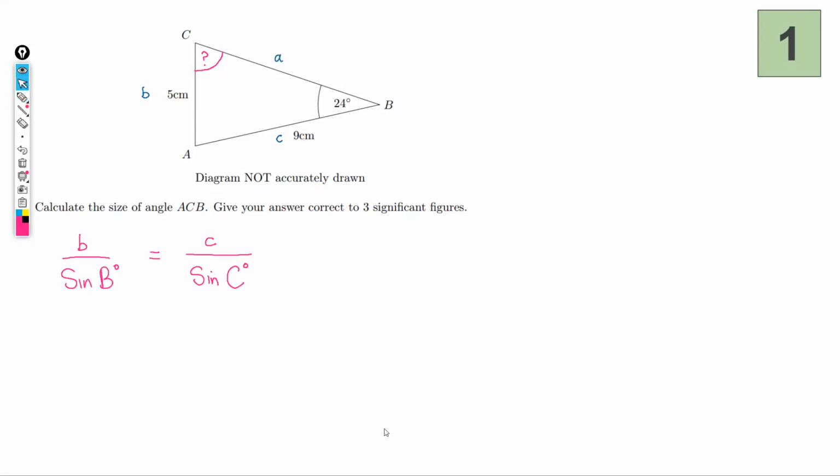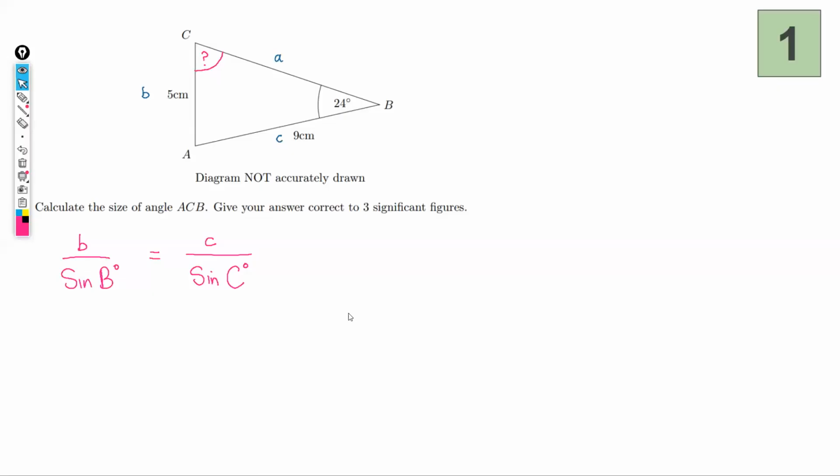So for those who got it wrong, try it again. Let's substitute in some more values now. Common B is how much? Common B is 5 centimeters. Sine capital B, right?